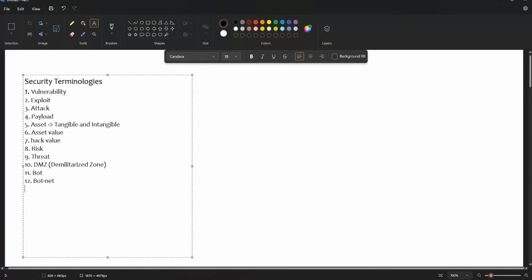Software performing repetitive tasks is bot. Great. So when we are talking about bot, we can define it as anything which is commanded and controlled by someone else. That is bot. And a network of these type of devices is known as botnet, right? A network of bots, right?